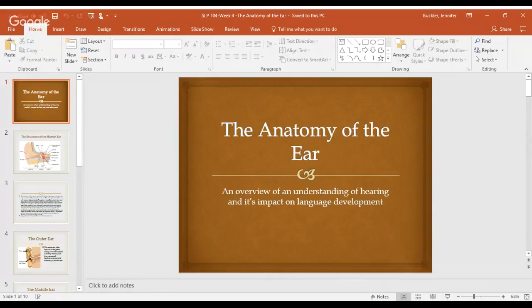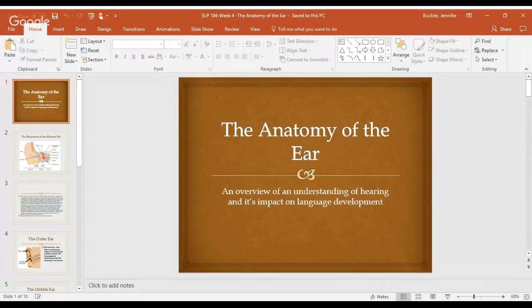So let's talk about the inner ear, the last of the three main components. This is made up of the vestibular labyrinth and the cochlea. The vestibular labyrinth has the semicircular canals, of which there are three, and then there are the vestibular nerve and the auditory nerve that are attached to the cochlea.